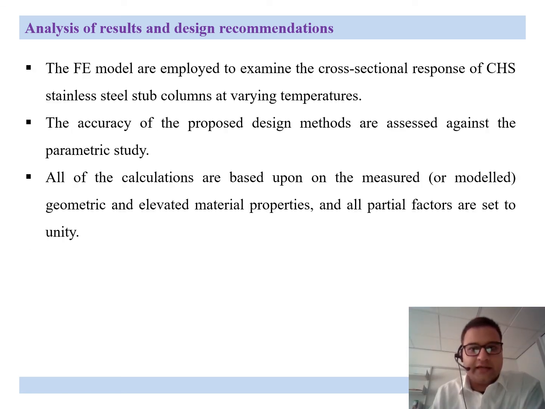Now, the FE models are employed to examine the cross-sectional response of the CHS duplex stainless steel stub columns at varying temperatures. The accuracy of the proposed design method is assessed against the parametric study. All of the calculations are based upon the measured geometric and elevated material properties, and all partial factors are set to unity.